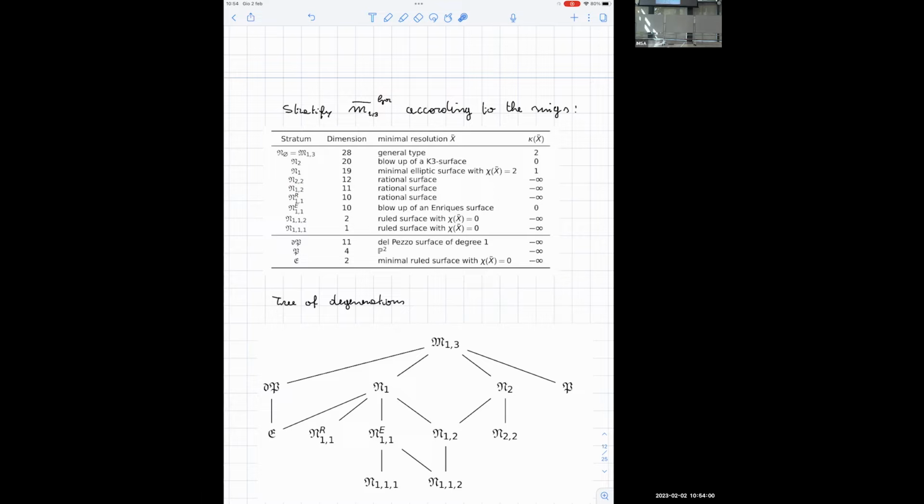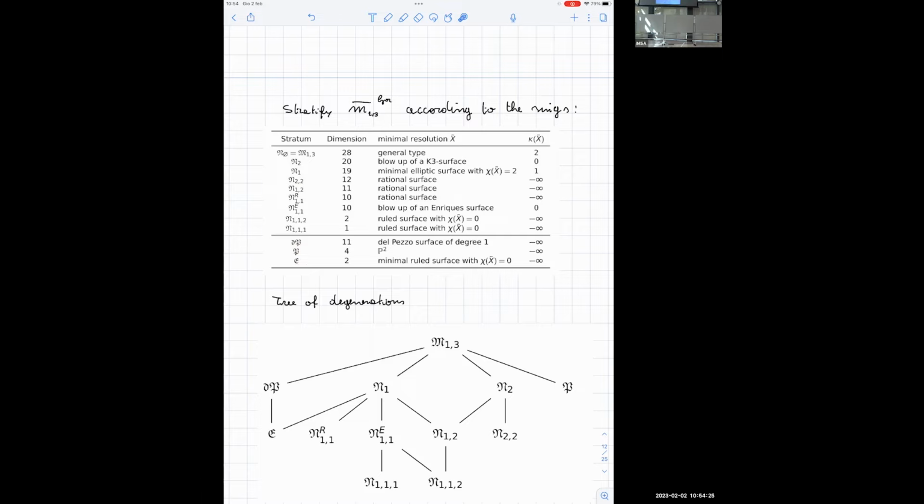And in the last part, we have the non-normal ones. They are classified according to the type of the normalization. So you have the Del Pezzo, or P2, or a minimal ruled surface over an elliptic curve.